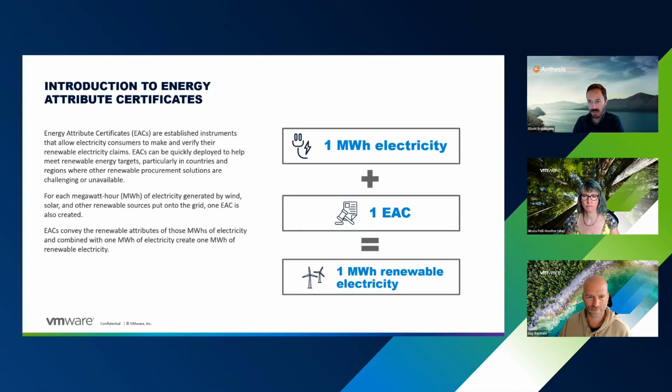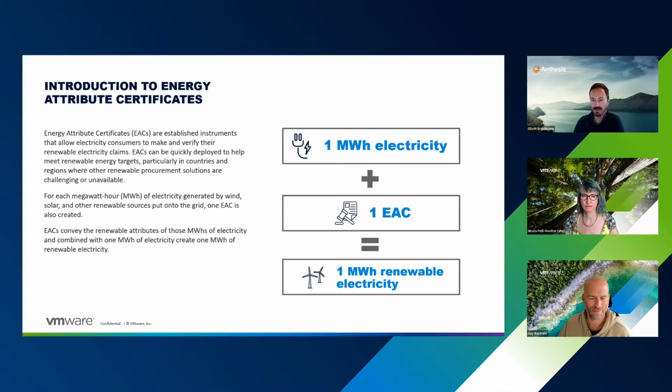Okay, what are EACs? As we talked about in Module 5, EACs are both the accounting mechanism behind renewable energy, and they're also the instrument that conveys the renewable energy attribute of a certain unit of electricity consumption. So fundamentally, an electron is an electron, right?